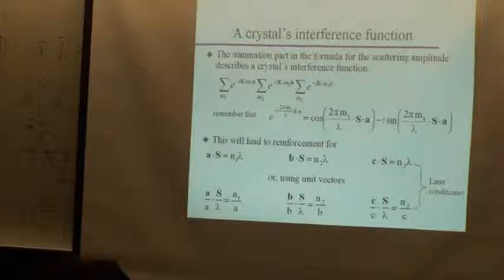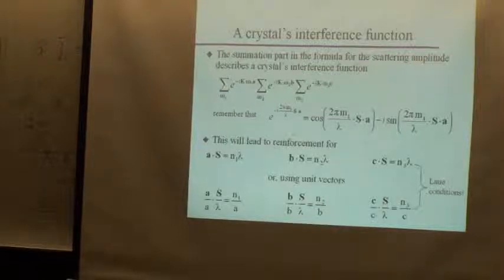That means that that sine argument will in the end actually always drop out. Okay? But the cosine can lead to a sum that is not equal 0. When does it do that?